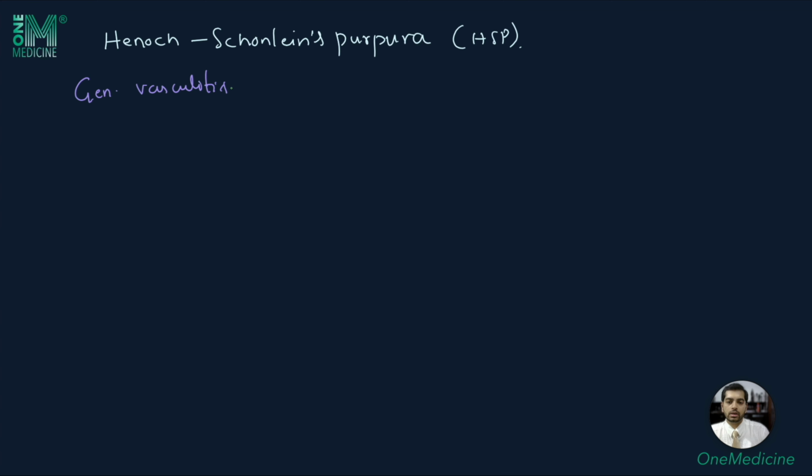The next topic is Henoch-Schönlein purpura, or HSP in short. This is a generalized vasculitis that occurs mainly in children.